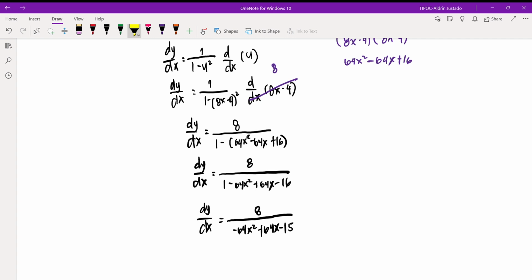Sorry. I forgot that this one is plus 16. So this is 17 pala. Plus 17. Ayan.